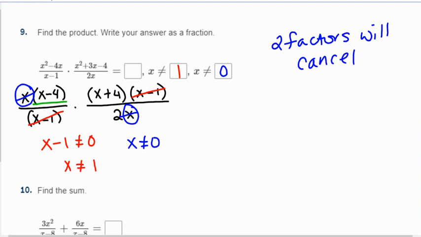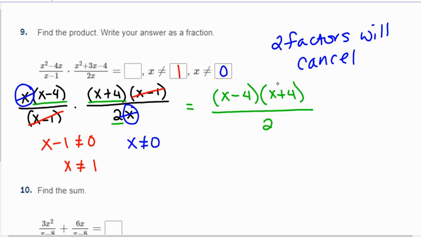So I've got x minus 4 remaining, x plus 4 is remaining, and 2 in the denominator is still remaining. So my final solution is going to be x minus 4 times x plus 4 all over 2. And that's what's going to go here.